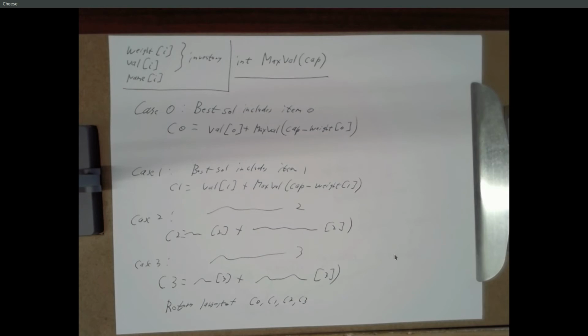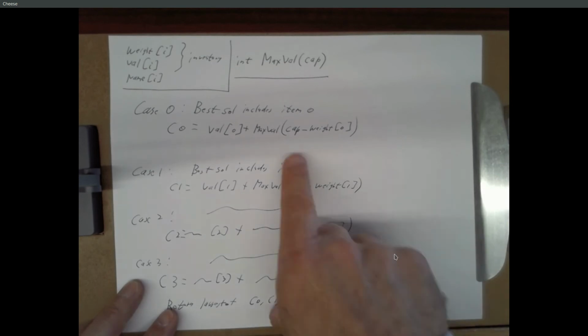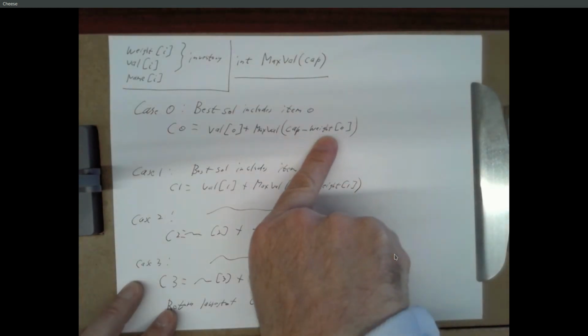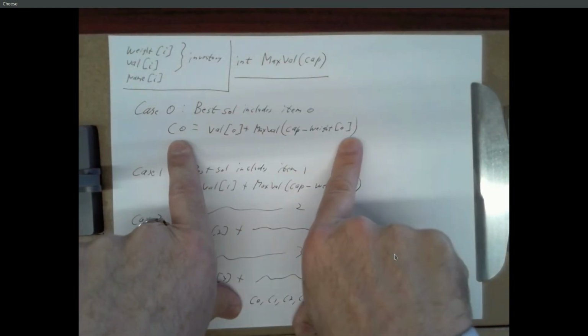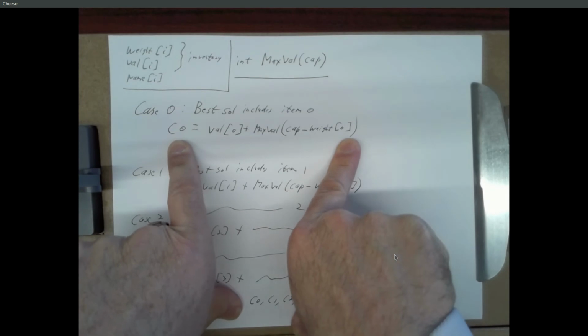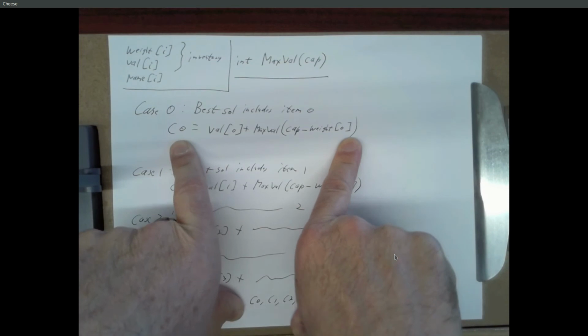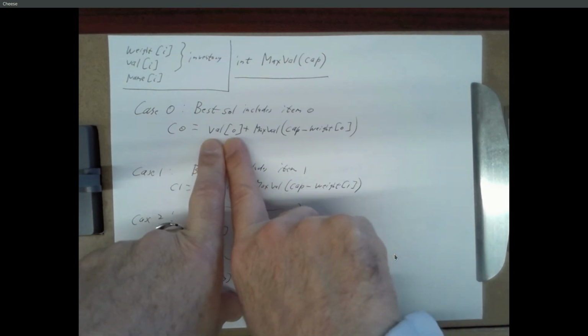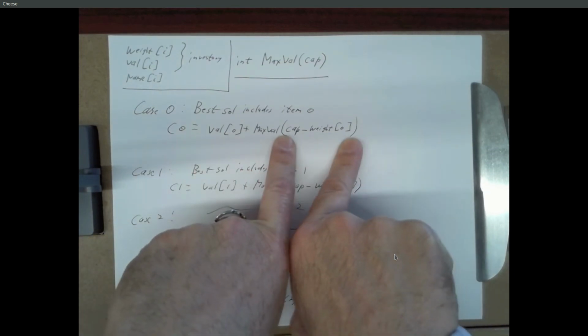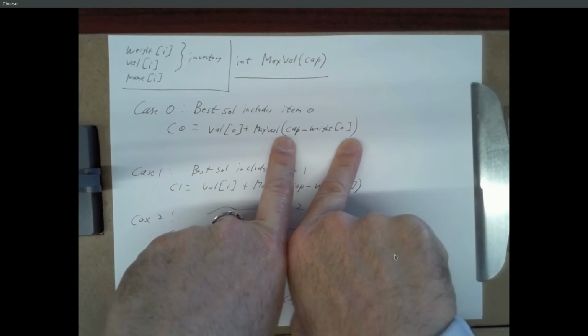Now there's one or two details I've fluffed over. One is, suppose we have a bag whose capacity is 1 pound and item 0 weighs 10 pounds. This is not a valid calculation. Because I'm saying, okay, if I put this 10-pound item into my 1-pound bag, I get the value of that item plus whatever I can put in a bag whose capacity is negative 9 pounds.